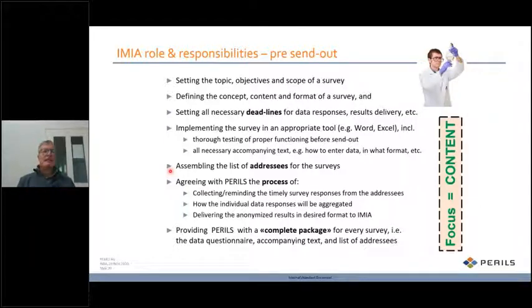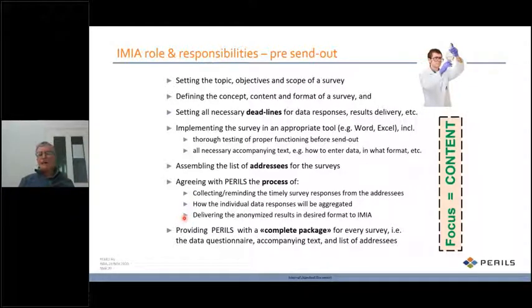Together with Perils then, we define the entire process of how to collect in a timely manner the data responses from the addressees, how this data should be aggregated, and in what format Perils should then deliver the anonymized results back to IMIA.